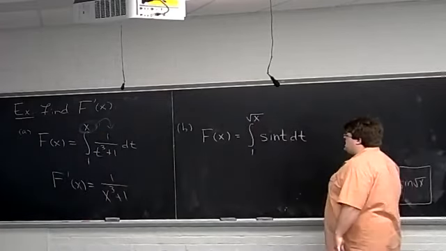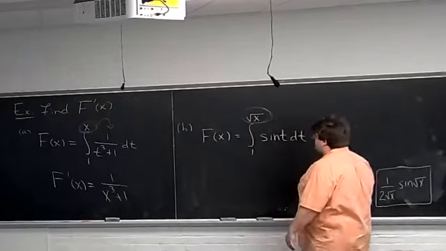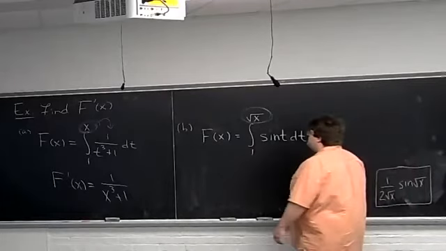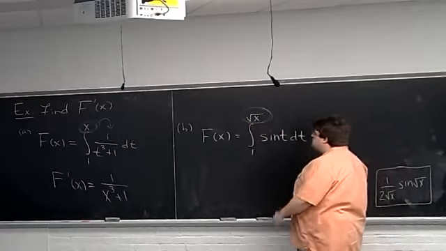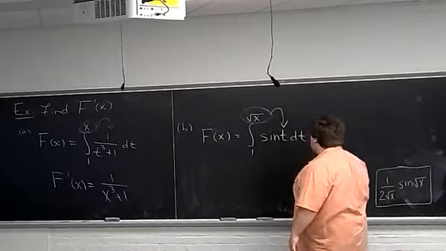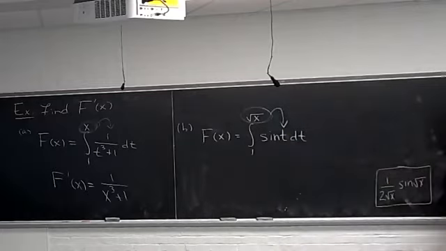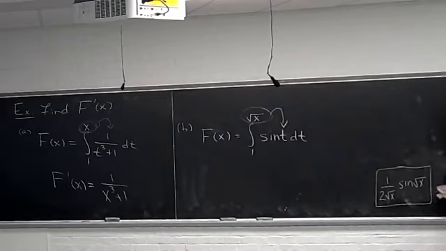What about part B? Well, part B says still if there's a number as your lower bound, and if we have more than just an x up here, so here we have a root x, we can still make a similar substitution. If you just replace all t's with this function of x, that part still appears in our answer, but we have to use the chain rule when that's more than just an x.